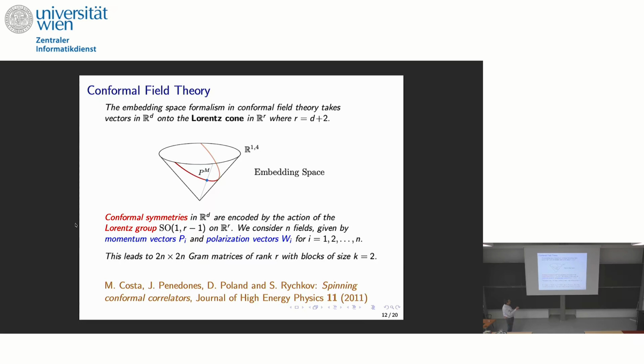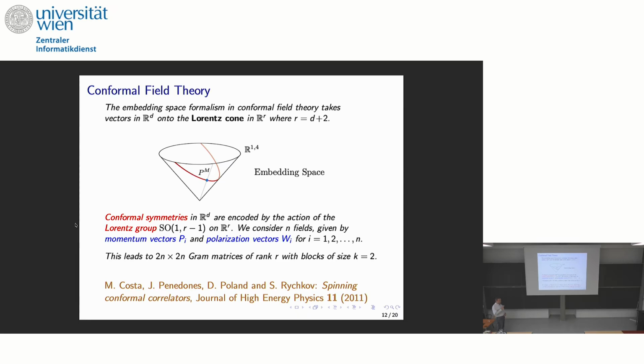Downstairs in R to the d, you have a large symmetry group called the conformal group, which is an unfriendly group to me. But upstairs in the bigger space, we have a very friendly group, just the rotation group, the Lorentz group SO(1, d+1). So under this embedding onto the cone, the symmetries have a better description.